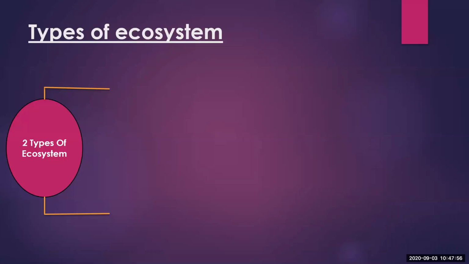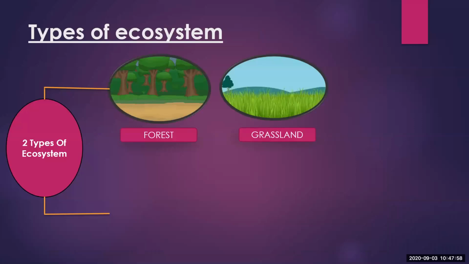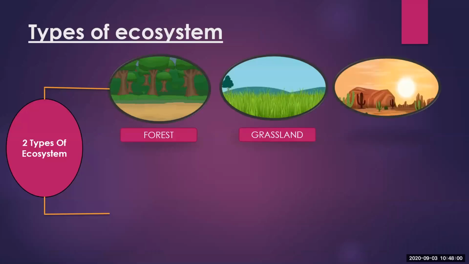Types of ecosystems: there are two types, the natural and the artificial ecosystem. In the natural ecosystem, there is desert, then rivers are there, big sea, which are the natural ecosystems.